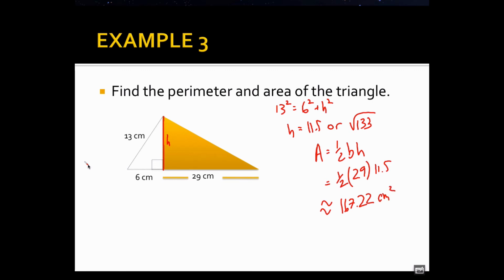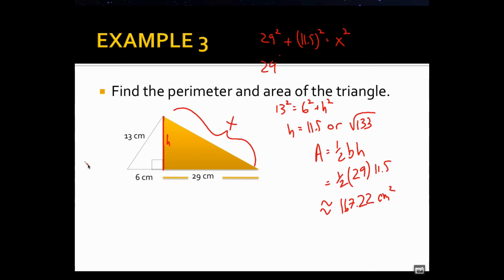Not bad. Now to find the perimeter, because it does say to find the perimeter, how do I find that distance? Raj? 29 squared plus the stored value of 11.5 squared equals, let's call that x squared.